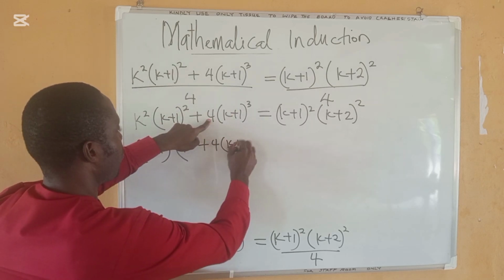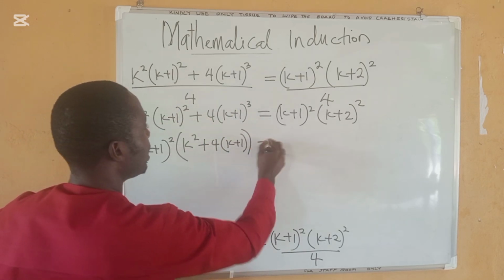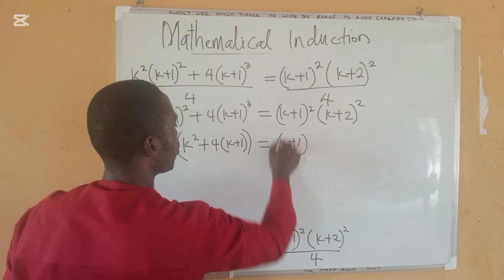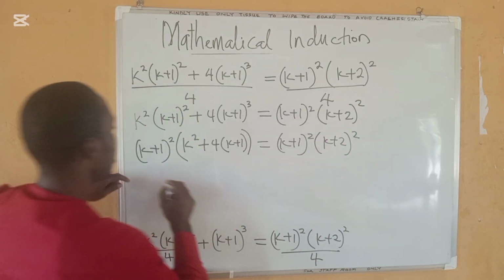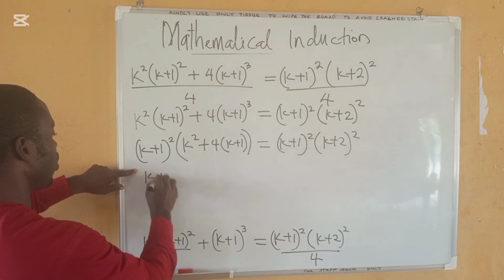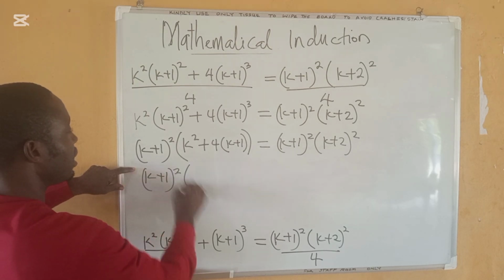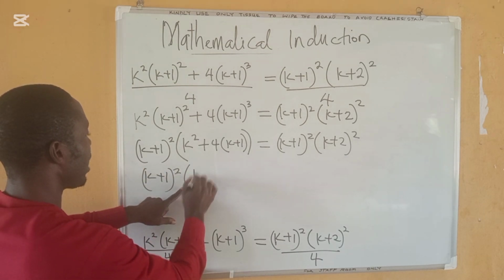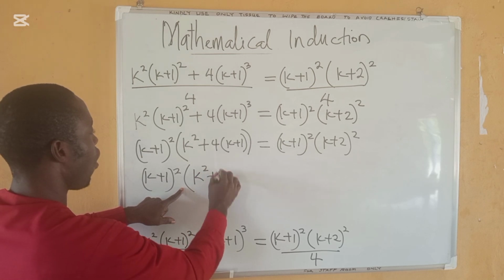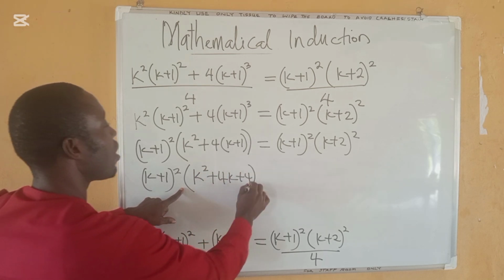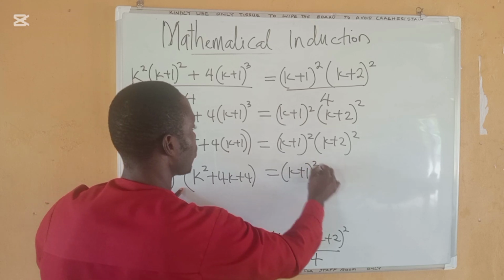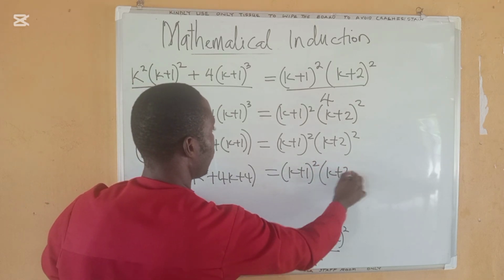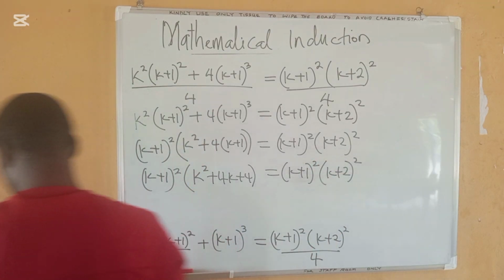So here we are going to have k plus 1 all squared into k squared plus 4k plus 4, equal to k plus 1 all squared into k plus 2 all squared.